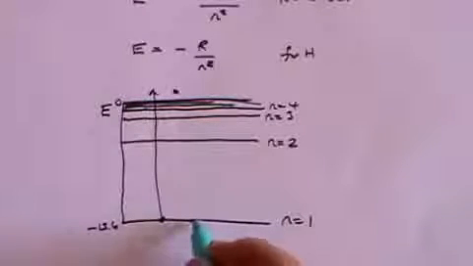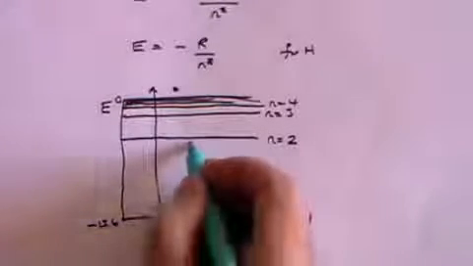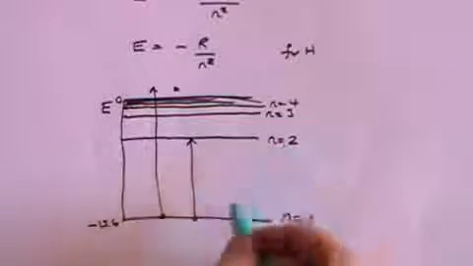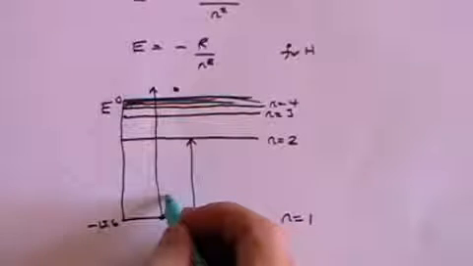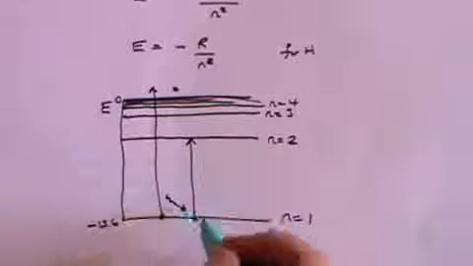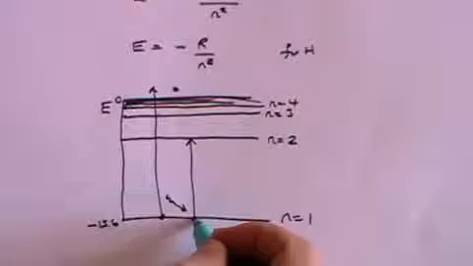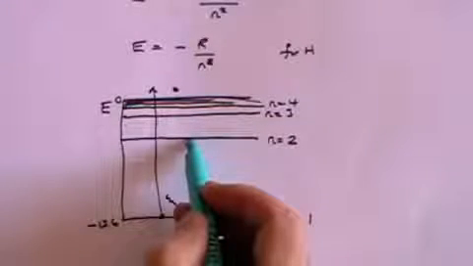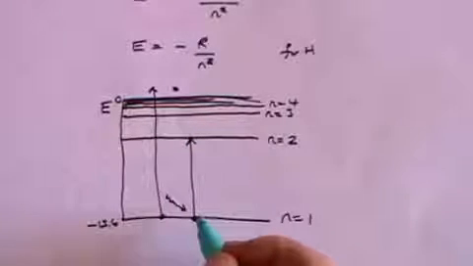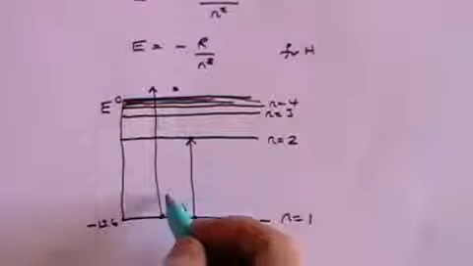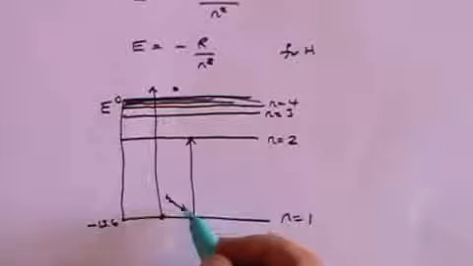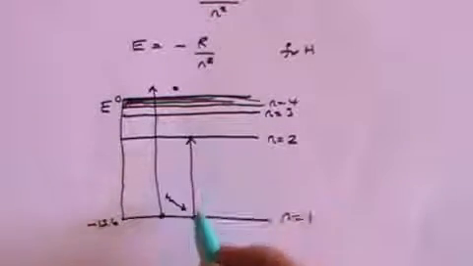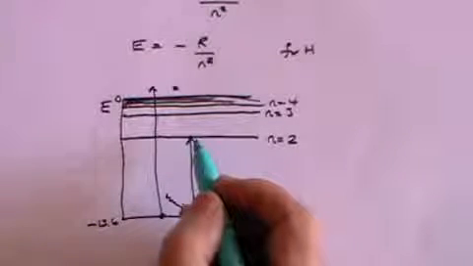Provided the photon has precisely the amount of energy between the n equals 1 and the n equals 2 level, then the photon comes in, transfers its energy to the electron, and the electron is promoted up to the n equals 2 level. Now that will only happen if the amount of energy in this photon is precisely equal to the gap in energy between the n equals 1 and the n equals 2 level.